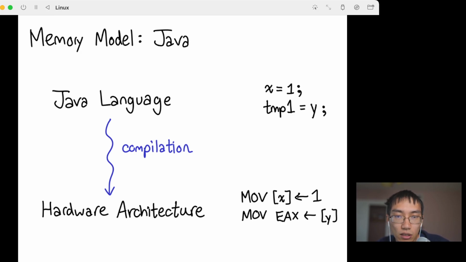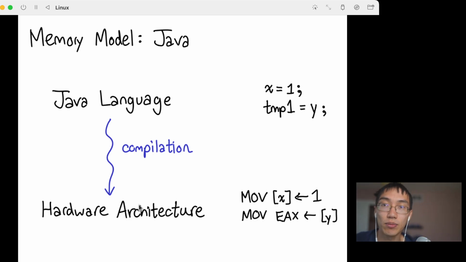I guess I can give the preamble text for this. We talked about the hardware architecture memory model, so this is talking about what's going on when you run assembly instructions. But how things run on hardware is not the only way that you can influence how your program executes. For example, when I have some high-level programming language and I want to run it, I first compile it to the hardware architecture.